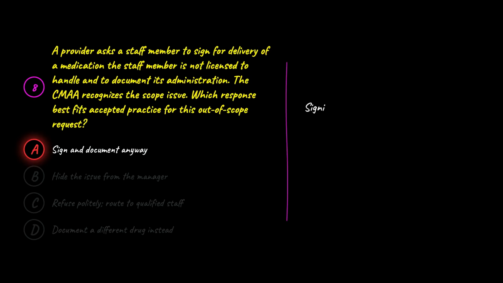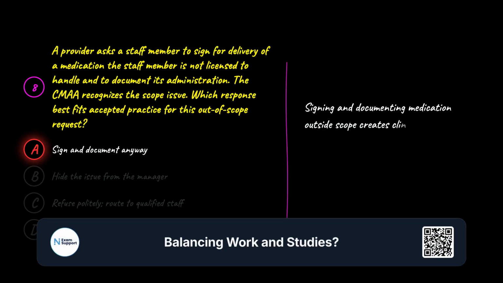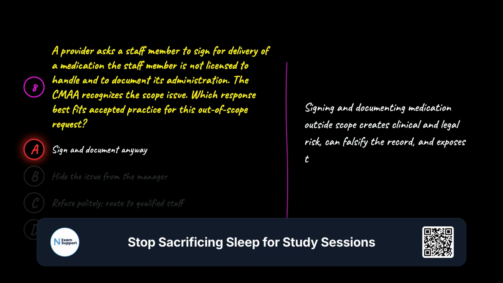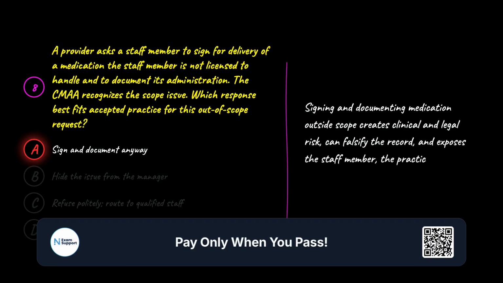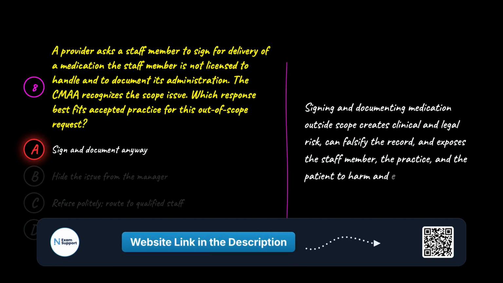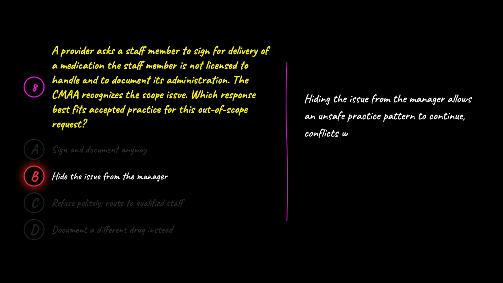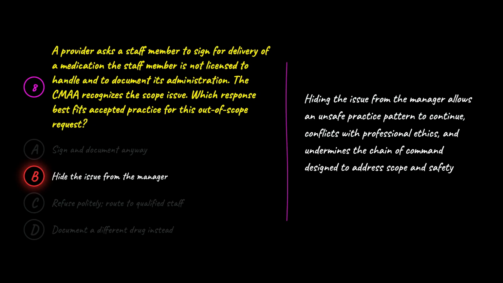A is wrong because signing and documenting medication outside scope creates clinical and legal risk, can falsify the record, and exposes the staff member, the practice, and the patient to harm and enforcement action. B is wrong because hiding the issue from the manager allows an unsafe practice pattern to continue, conflicts with professional ethics, and undermines the chain of command designed to address scope and safety concerns.